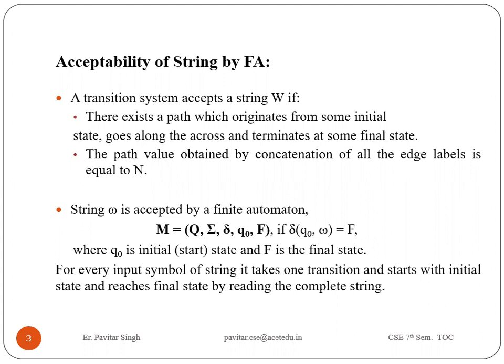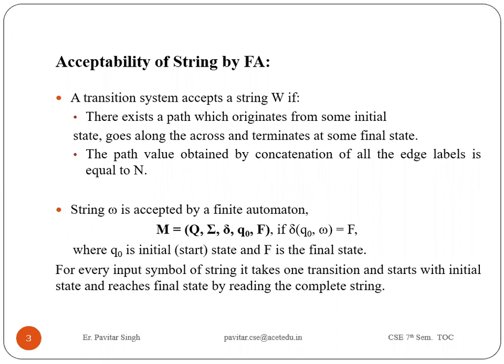Its definition says that you have to start with the initial state, and after the processing of the entire string, if you end up at the final state, then the string is accepted by the given automata. If somehow you don't reach the final state, and you reach some intermediate state, then the string is not accepted, right?